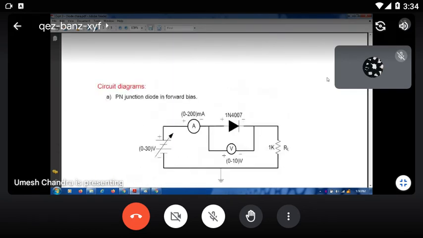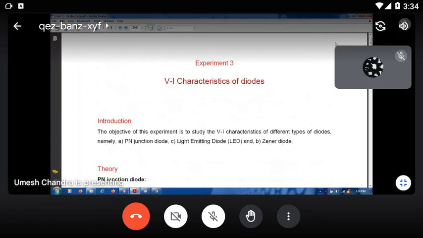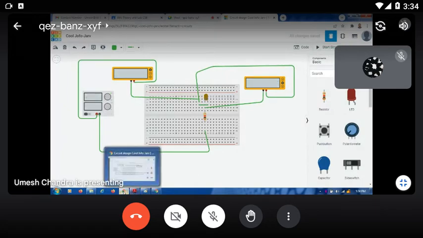Now you start the experiment. In the other cases, you remove the LED, you fix the Zener forward bias, and again you connect it.